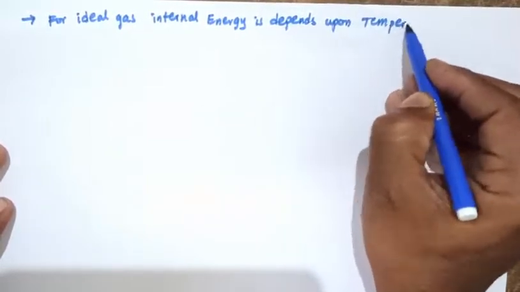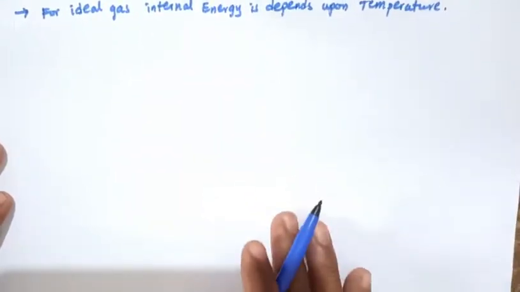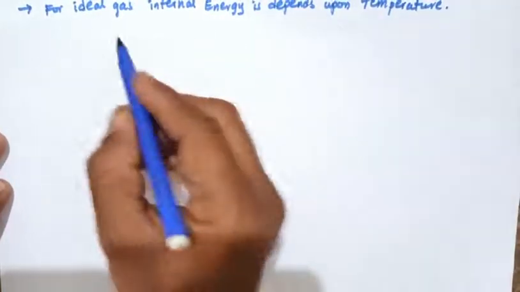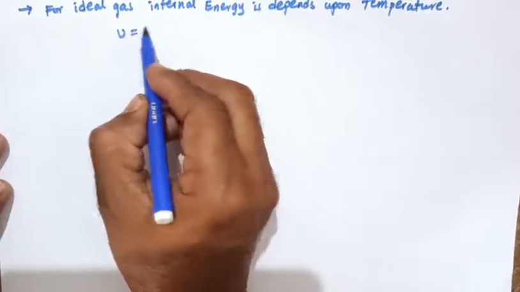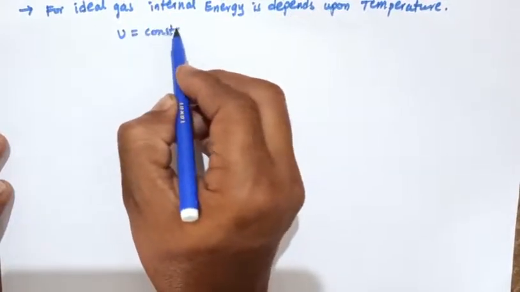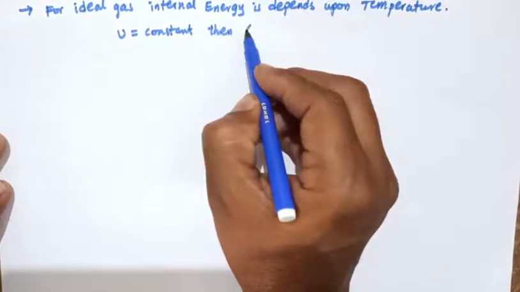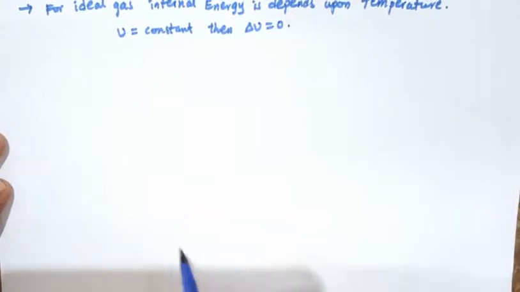So here in the isothermal process the temperature is constant, so then the internal energy is constant. So the change in internal energy equals 0.